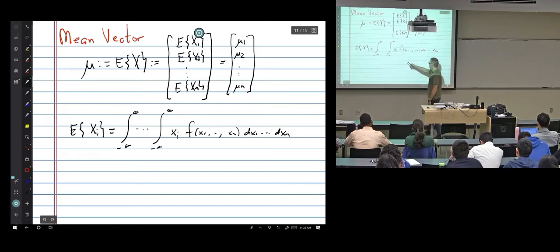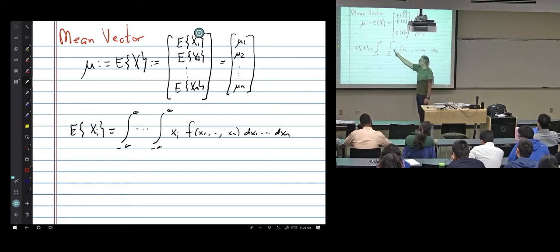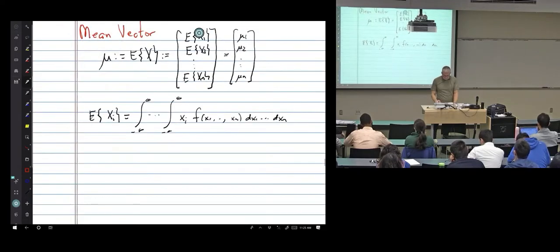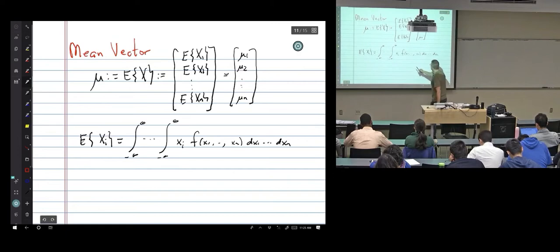Okay, so we have to do that for i equals 1, i equals 2, i equals 3. It's the same idea, I just average out the probabilities. I'm adding up all the probabilities weighted by the variable x1 and then x2, et cetera. But I'm doing, for my robot, a 55 deep iterated integral. No fun. Okay, so we don't do them. But that's what the mean value is. So that's kind of easy. It's the mean value of each of the components. And to compute that, you need this density, which looks super complicated.